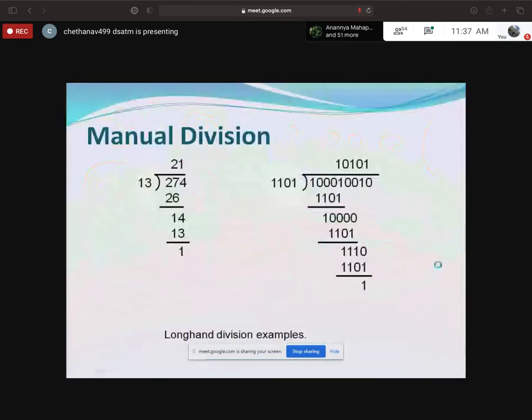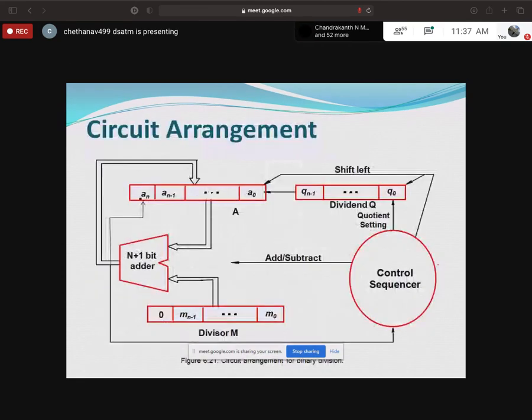Let me show you the manual method. We have to take the dividend, take the divisor, then do the operation of division. This is the normal manual division method. We are not required to use it in arithmetic operations. We have to use the methods known as restoring division and non-restoring division.